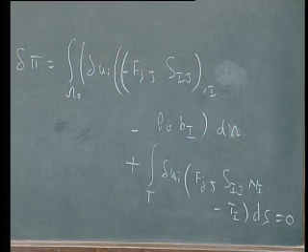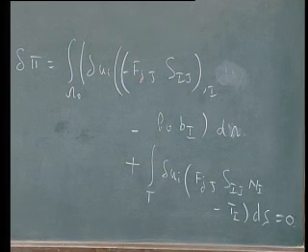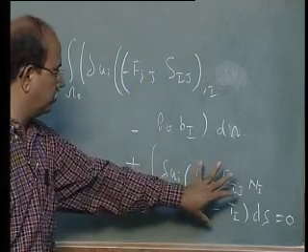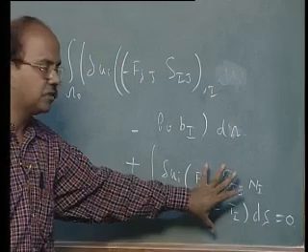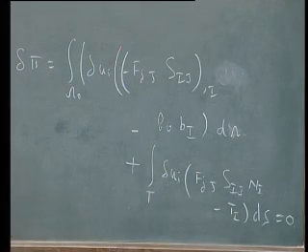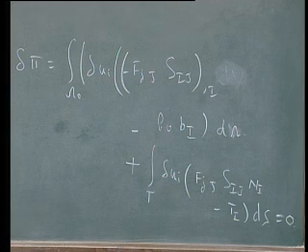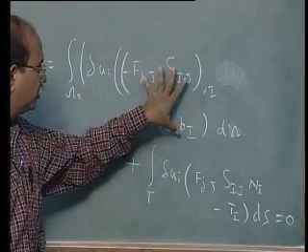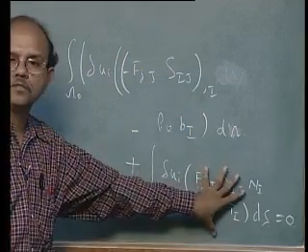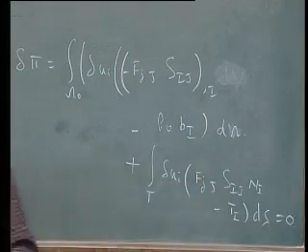Which gives us the equilibrium equation. The first part is the equilibrium equation that you get, and the second, whatever is inside the bracket, both of them are equal to 0. Since delta ui is a variation that you are going to impose, delta u small i can be assumed to be delta u capital I. So this is going to be our equilibrium equation and this is going to be our traction boundary condition.